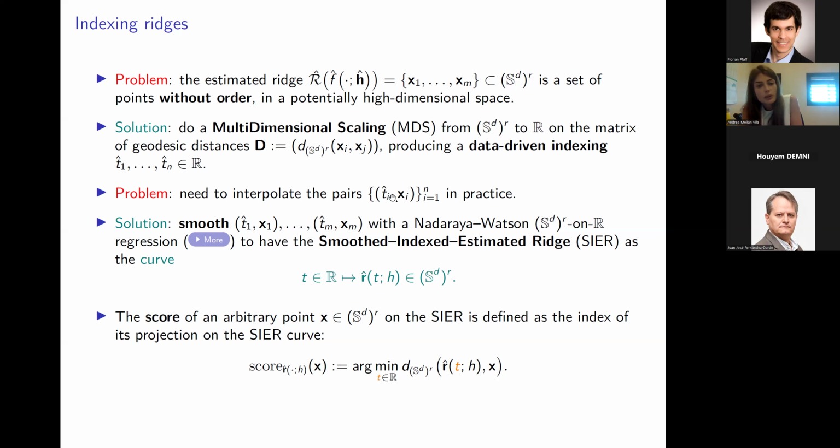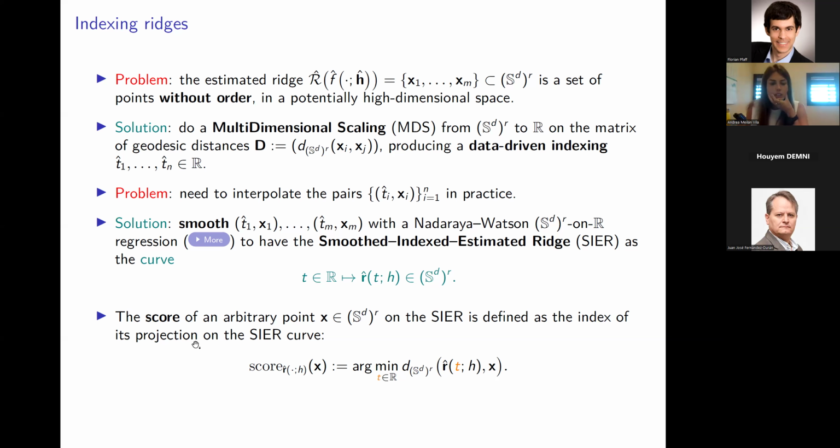So we have these real values and we have these points on the polysphere. And how to do this in practice? We compute a Nadaraya-Watson regression estimator. In this way, we obtain a smooth index estimated ridge that we call SIRE, a curve from the real line to the polysphere.